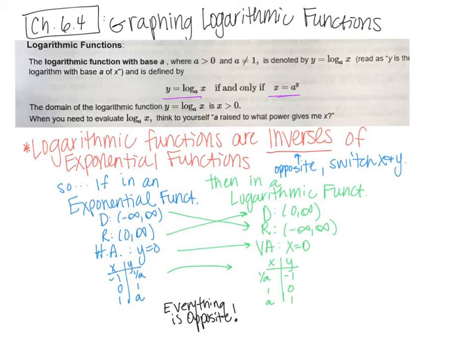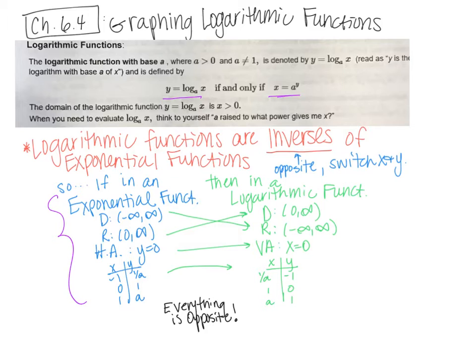So now that I know already from our last section what an exponential function is, all I need to do is do the inverse operation of everything. So let's remember about an exponential function. An exponential function had a domain which was negative infinity to infinity, and a range of 0 to infinity.